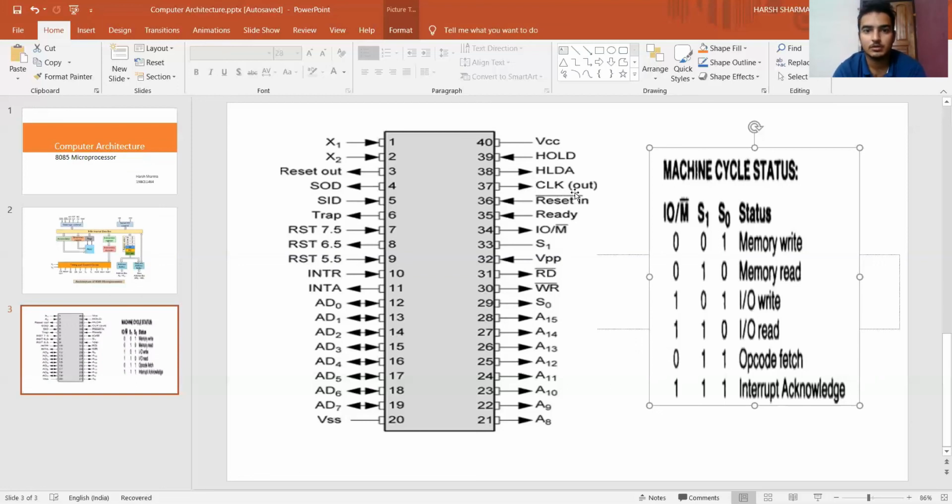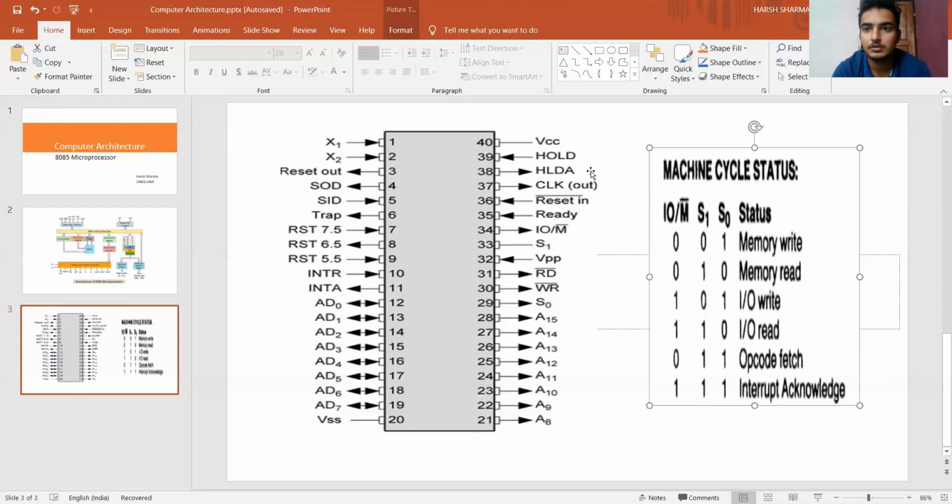For HOLD and HLDA, for example, the microprocessor is doing the work 2 plus 5, that is 7. If it is doing the work 5 plus 2, and we give another instruction to the microprocessor to do 7 plus 2, the microprocessor will hold that input, and the acknowledgement will be given by pin 38, that is HLDA.